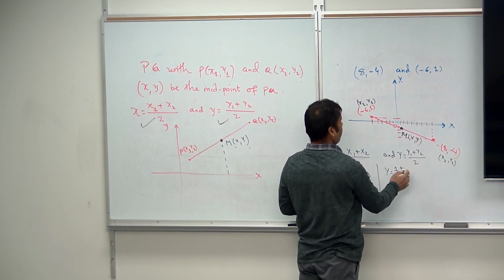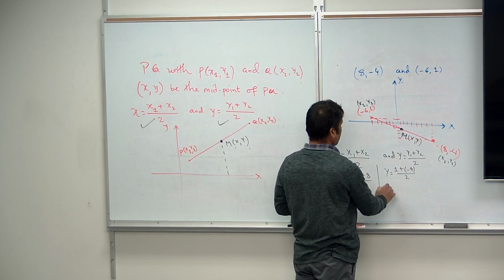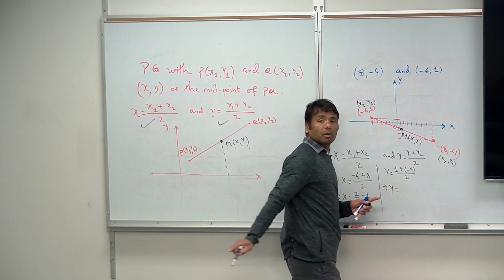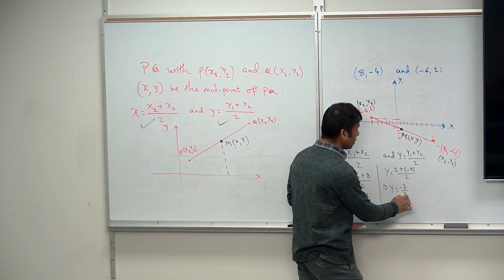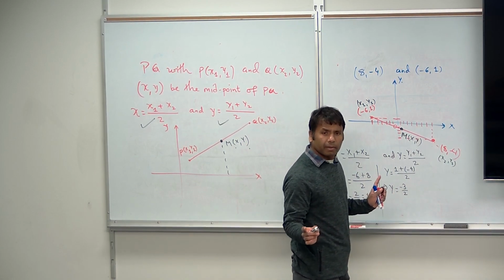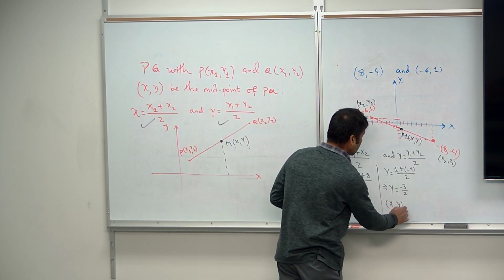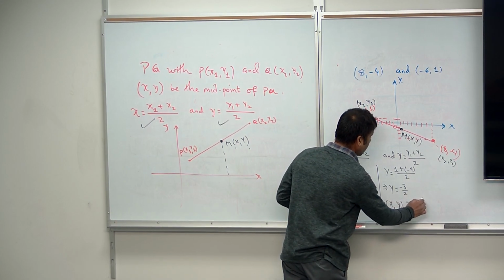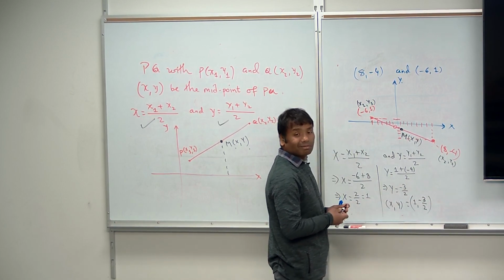Negative 4, over 2. So y equals 1 minus 4, so that is negative 3 over 2. Right? So (x, y), this is the midpoint, equals (1, -3/2). So this is the midpoint. Simple.